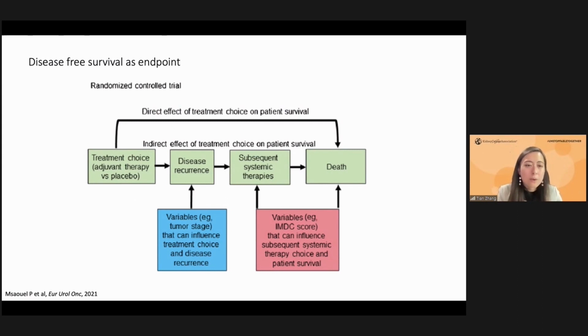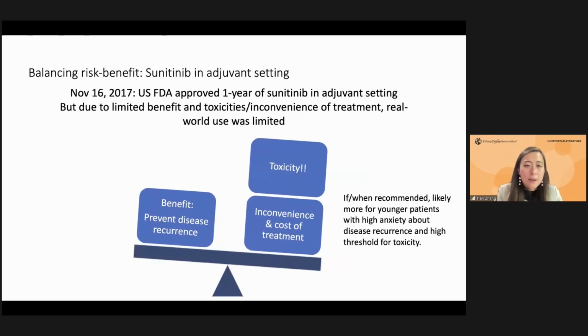And indeed, when we're thinking about sunitinib in the adjuvant setting, we did obtain an approval for sunitinib in this setting. But there wasn't a lot of uptake of using sunitinib because the field said, well, the benefit may be that we're preventing disease recurrence, but man, we're causing a lot of toxicities of high blood pressure, hand-foot syndrome, diarrhea, mouth ulcers.